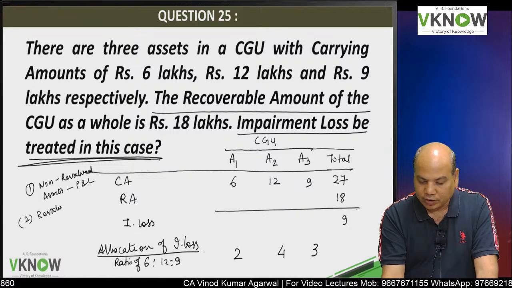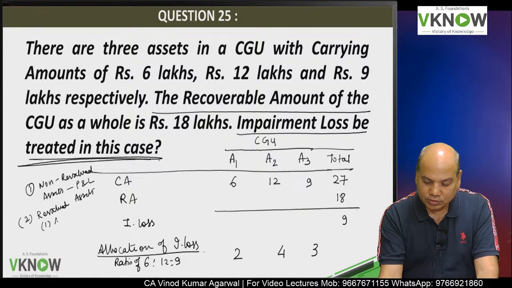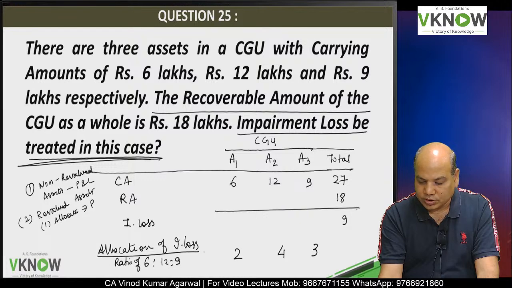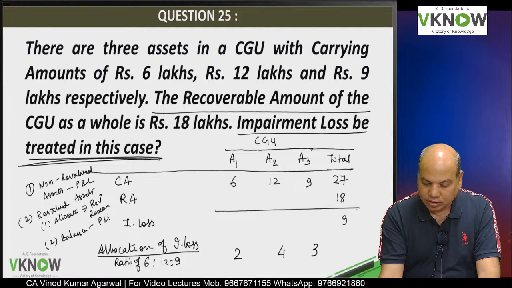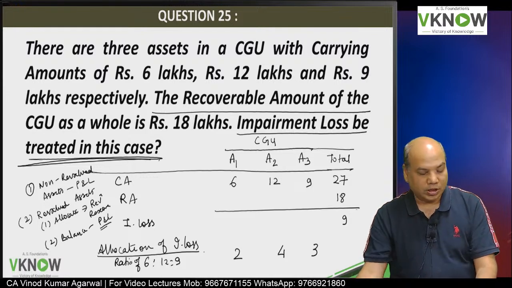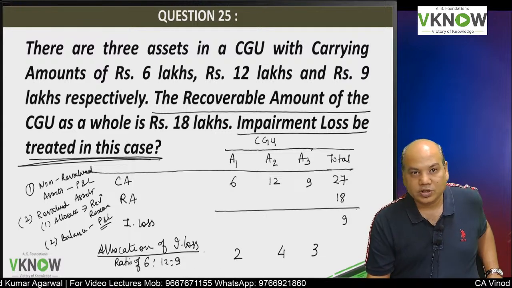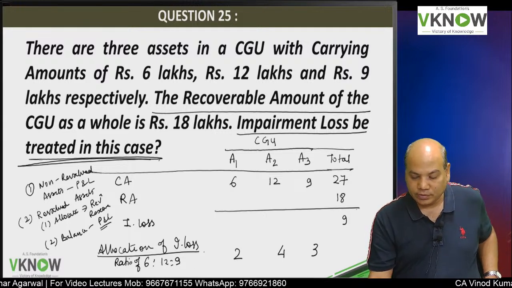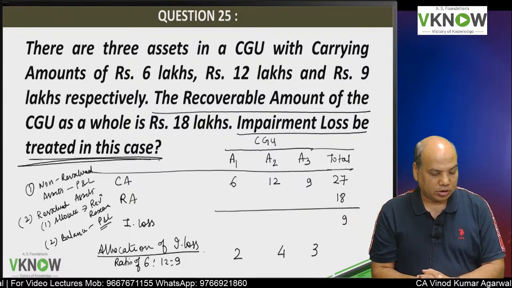If these are revalued assets, then first allocate the impairment loss towards revaluation reserve, and balance, if any, will be transferred to P&L account. Impairment loss in case of a revalued asset will be first adjusted against revaluation reserve, and balance, if any, will be transferred to profit and loss account.